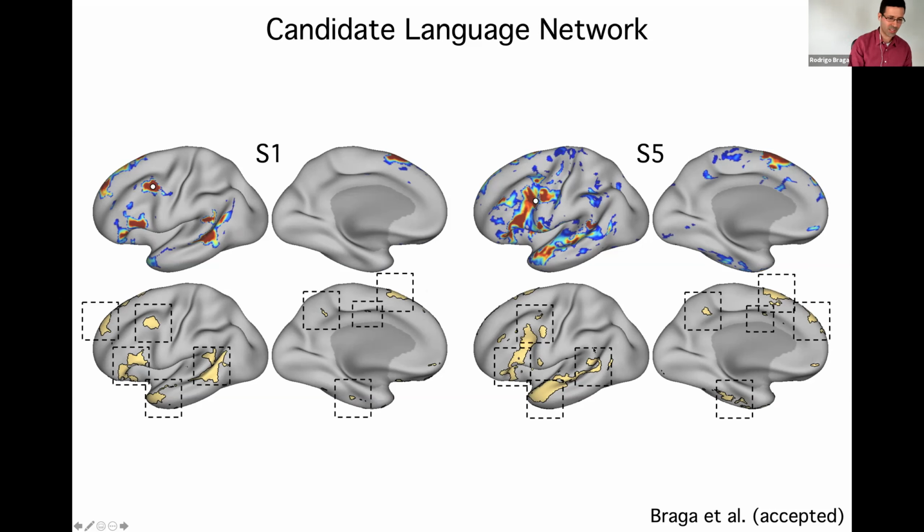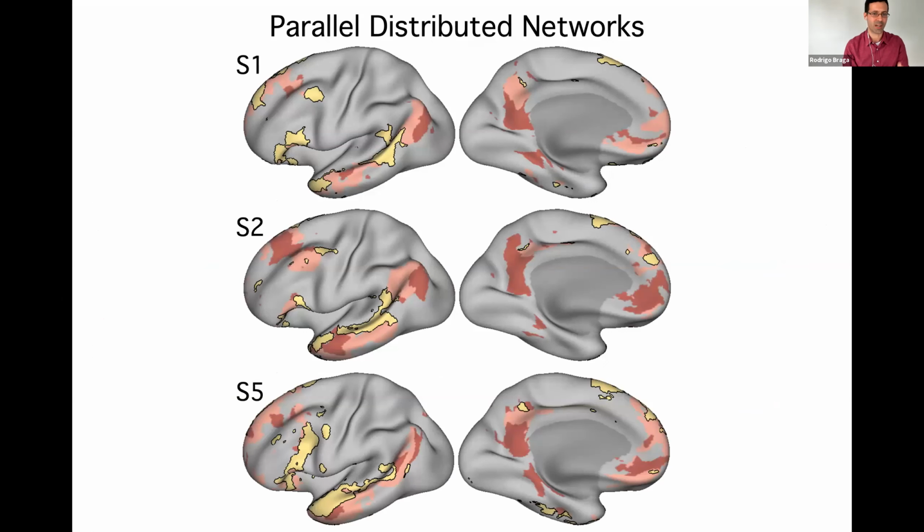And so where this becomes interesting is if you compare the organization of this candidate language network with the organization of the networks I've been talking about, the default network, these also seem to occupy multiple regions of the brain in this distributed fashion. And in each of these zones, you can see that the language network sits beside the default network, closer to default network B in this case.